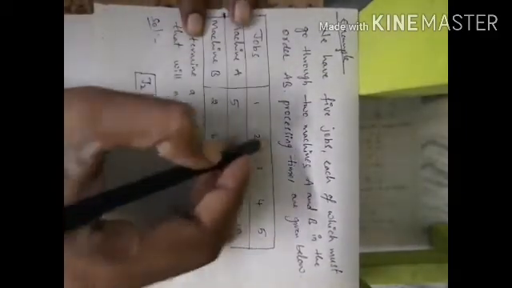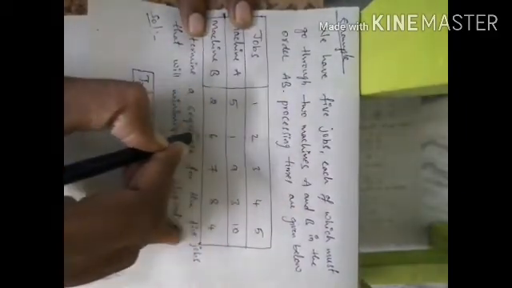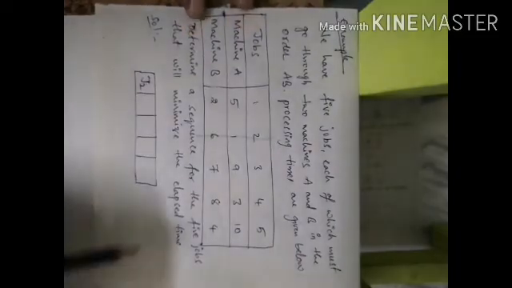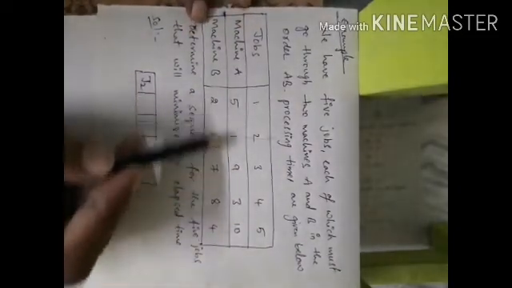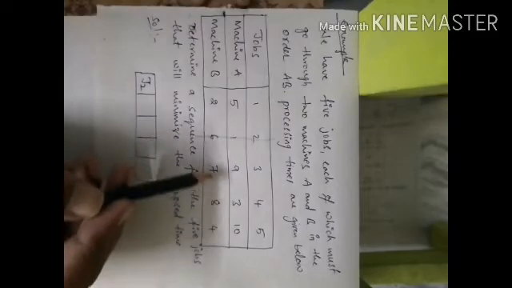When job 2 is assigned, we strike off this job 2. Now again find the minimum processing time. Here the minimum processing time is on machine B, job 1.